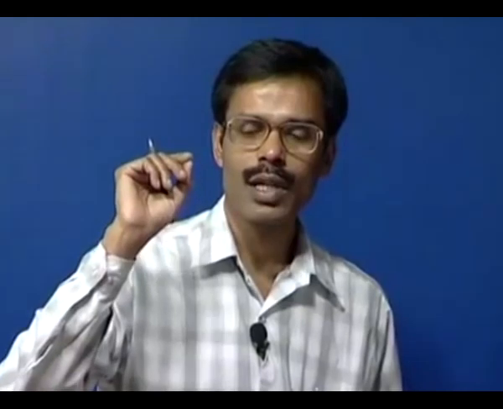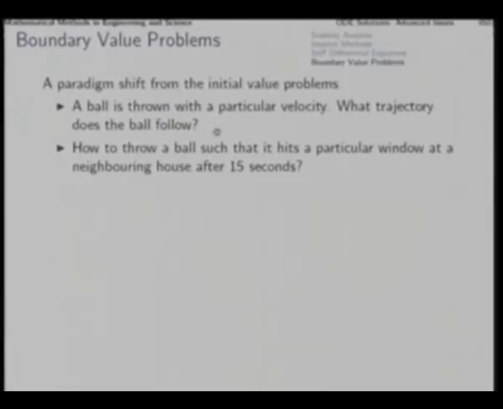That means, at the starting time, all the conditions are given, the complete state vector is given, position as well as velocity, and we want to know the position and velocity in instants of time in future. This is a typical initial value problem. Correspondingly, and in contrast, a typical boundary value problem will look like this.